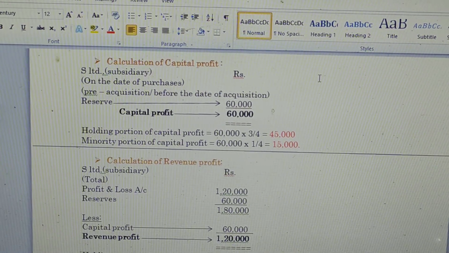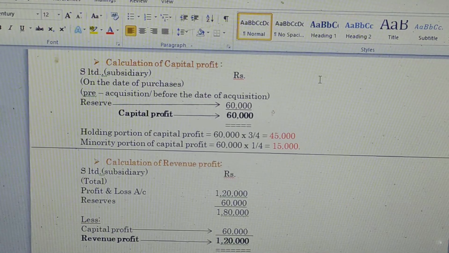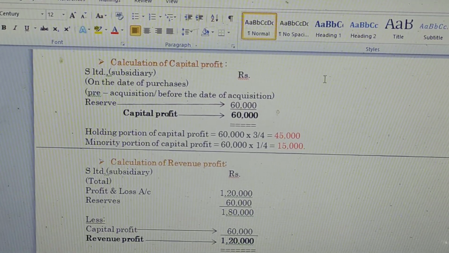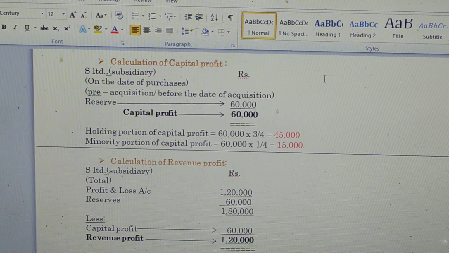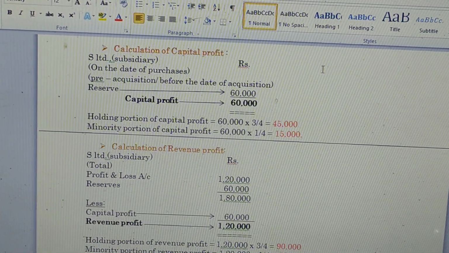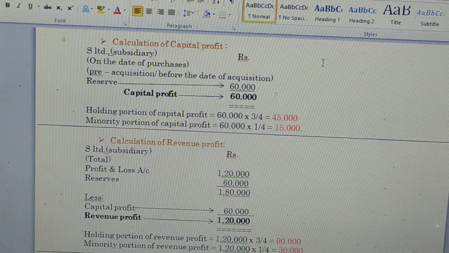That is considered as the capital profit. So the holding portion of capital profit equals 60,000 multiplied by 3 by 4, the amount is rupees 45,000, and the minority portion of capital profit equals 60,000 multiplied by 1 by 4, we get 15,000.